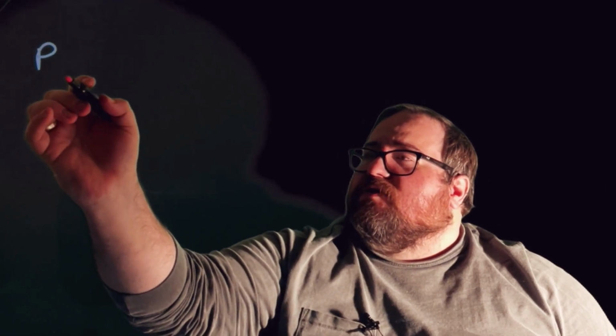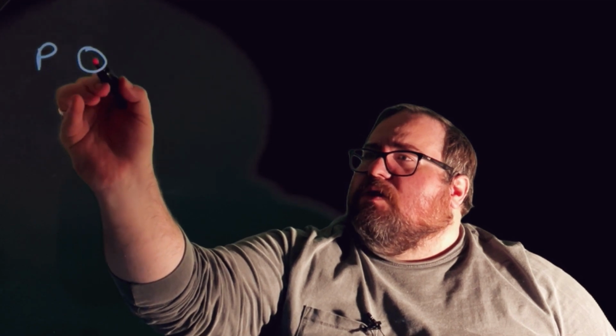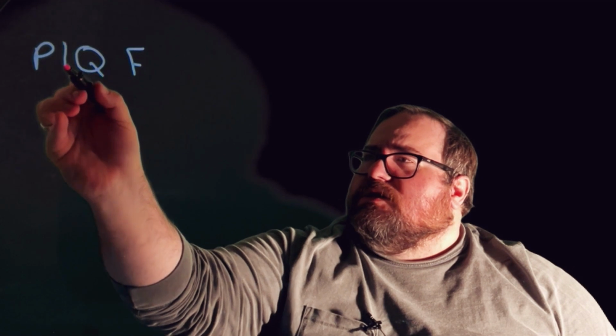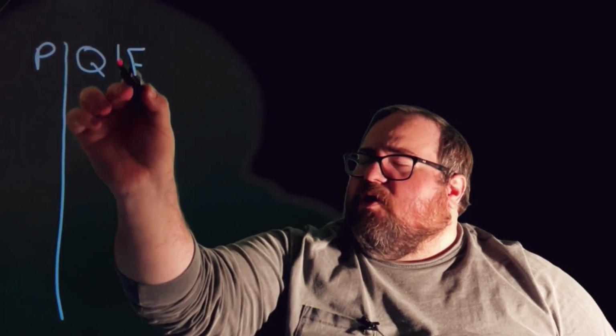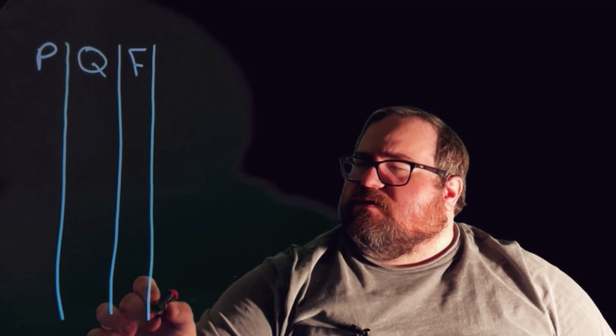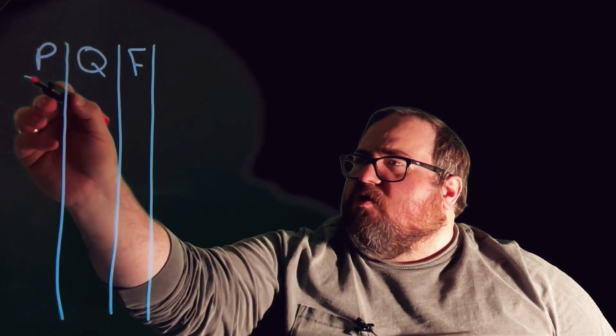So the very first thing that I'm going to do is set up my guidance columns. So we've got P, we've got Q, we've got F. And what we need to do is come up with all of the possible combinations in which these terms are true.